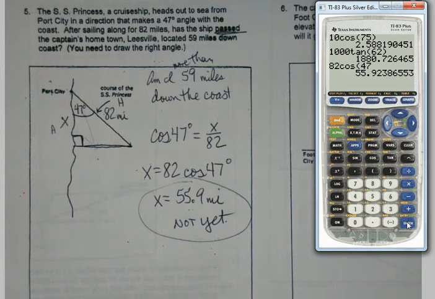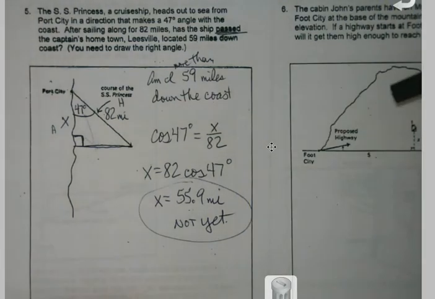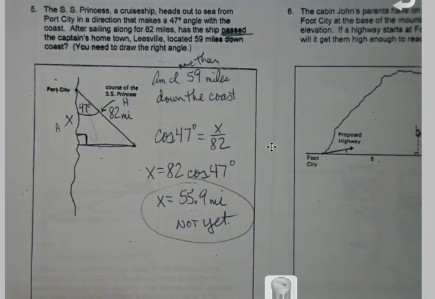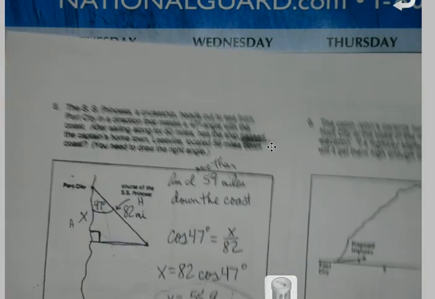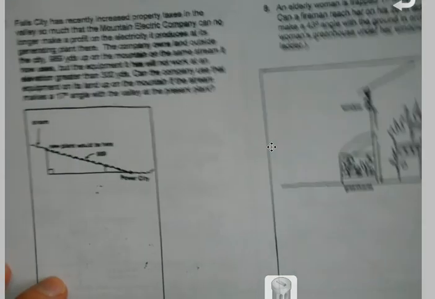So the trig allows me to figure out information like that and see how far along I am. Again, this is how airports even figure out, are you on time? Are you going to be arriving? You don't know when those people are way up in the air, but they can look at where they're at in comparison to where they need to get to and figure something like that out.